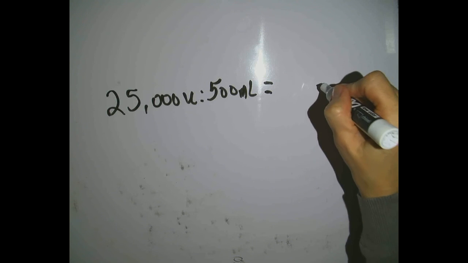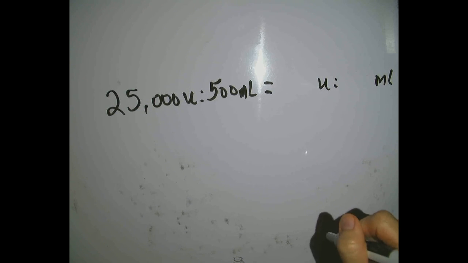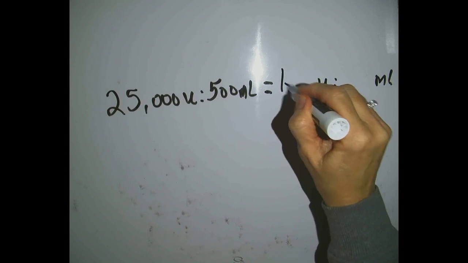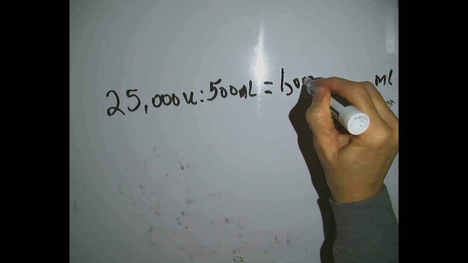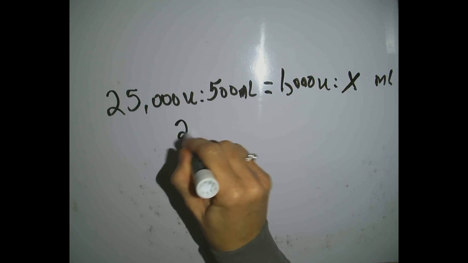But what is our unknown? We're being asked what's the flow rate in milliliters per hour if we are to infuse 1,000 units per hour. So again, we're going to have to keep our units in the same order, and the problem tells us that we're going to be infusing 1,000 units, but it's an unknown number of milliliters.